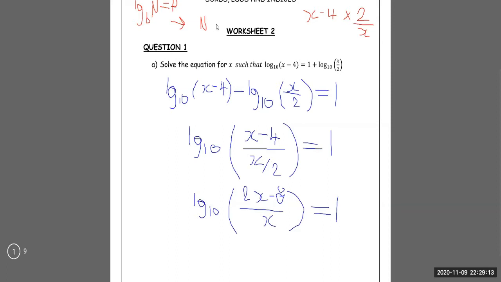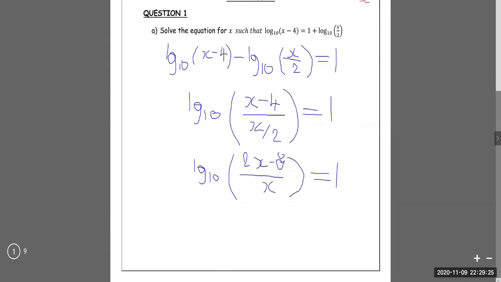Yes, sir. Nice. So look right here now, we have the base, we have the power, and we have the number. So we can set up that equation now. So what would that equation be? 2x minus 8 over x, raised to the power of 1.